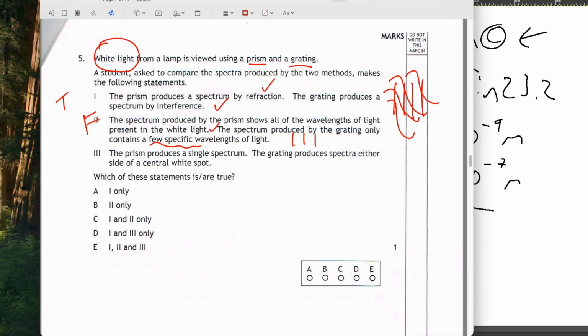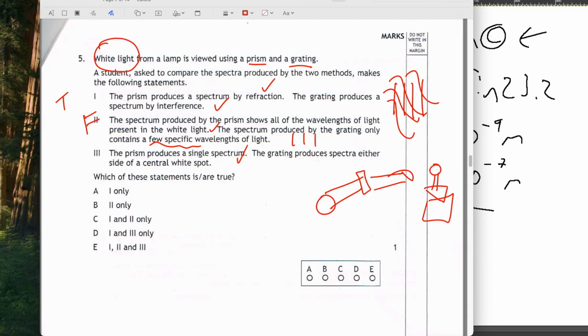Number 3, the prism produces a single spectrum. Yes. The grating produces spectra either side of a central white spot. Those of you who actually looked through the spectrometer, which I took ages to set up, we pointed it at a little bulb on some batteries, on some books, because that was the only way I could get it to be the same height as the diffraction grating.